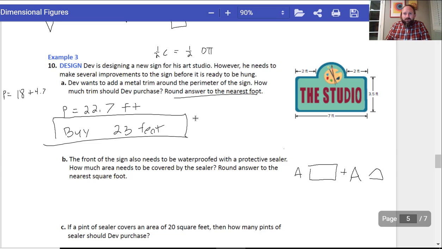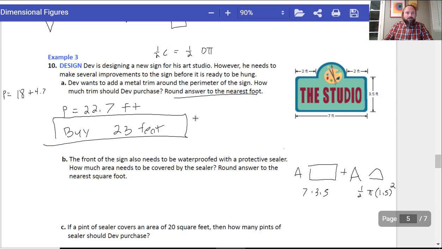Okay, well, this is 7 times 3.5, and the area of the semicircle is half of pi r squared. But the diameter was 3, so the radius is 1.5. So this would be 1.5 squared.